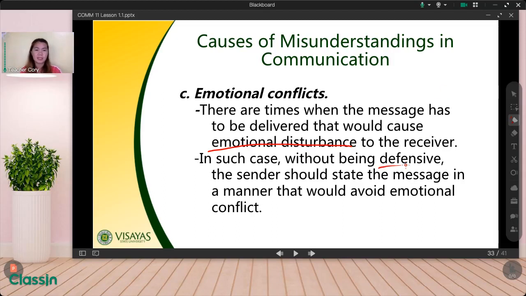In such a case, without being defensive, the sender should state the message in a manner that would avoid emotional conflict. So it affects the delivery, and it might communicate something else. It depends on how the communication will progress, but usually it ends with arguments.